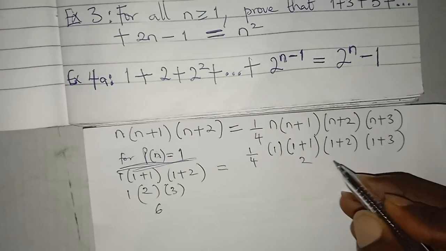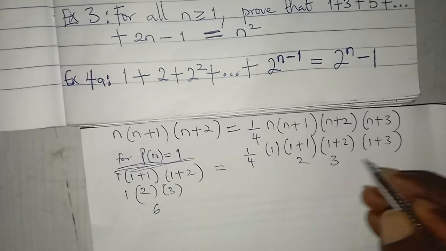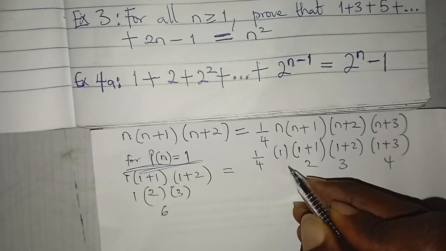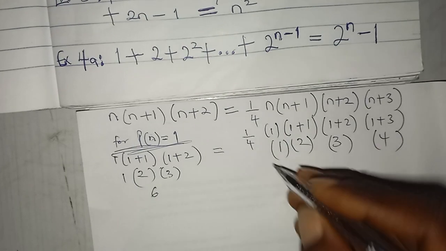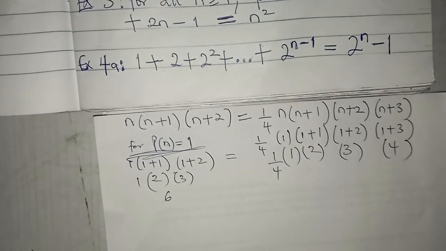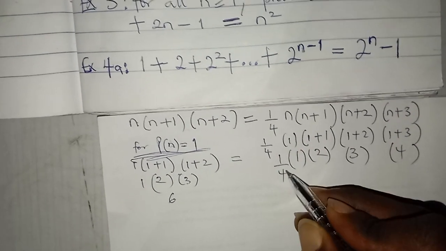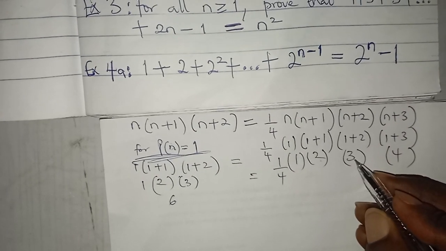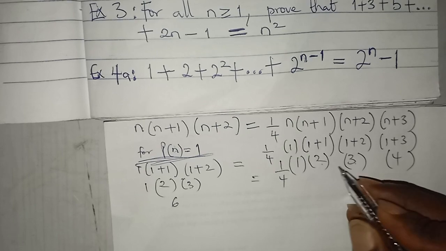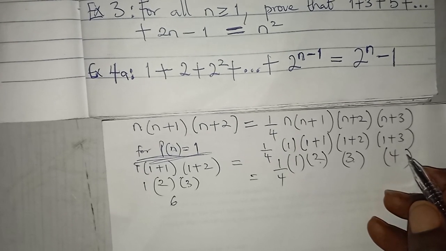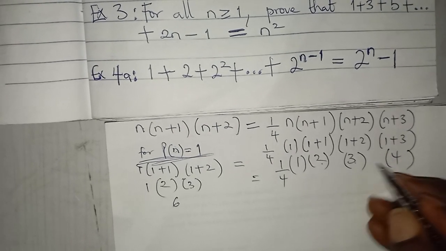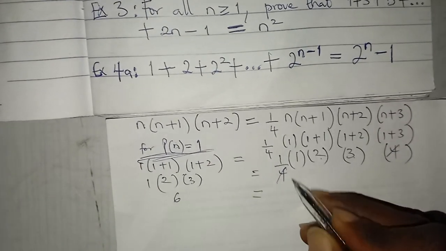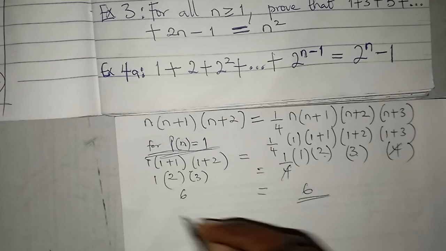So this is 2, this is 3, this is 4, this is 1. So if you check this, multiply everything. If you multiply everything, you should get 2 times 3, 6. 6 times 4, you get 24. But remember that this can take care of this. So you just have 6.